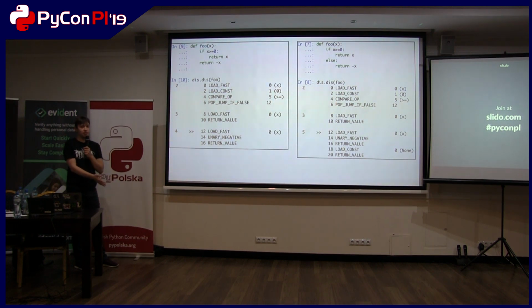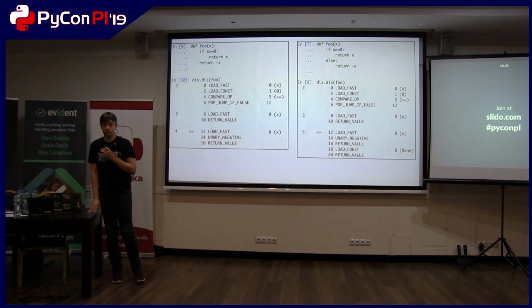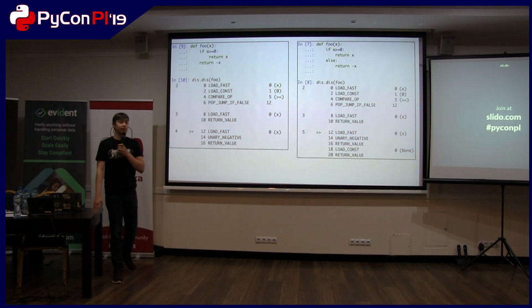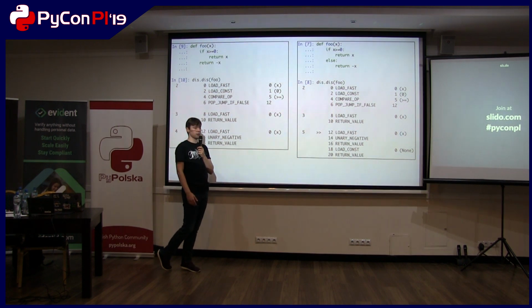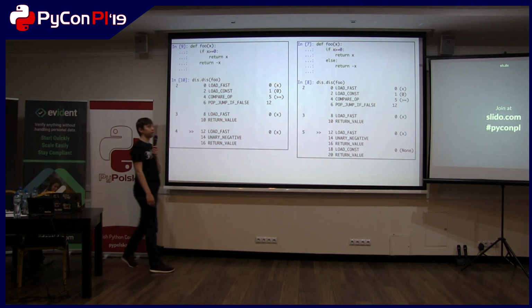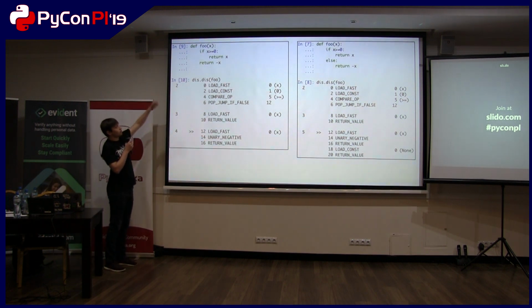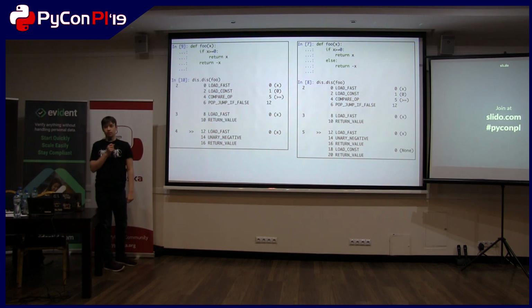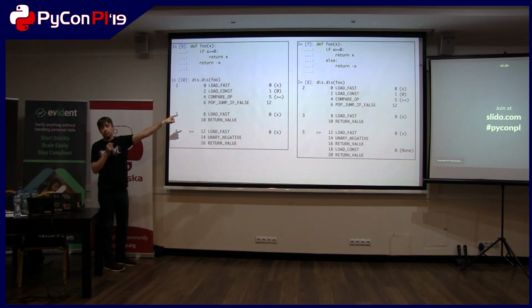So why the hell is it there? Every Python function has this implicit return None. Yes, exactly. Every Python function, if you don't return anything, has an implicit return of None. So the question is, why is it not there on the left side? Because we always return something. On the right side, the Python compiler doesn't know that.